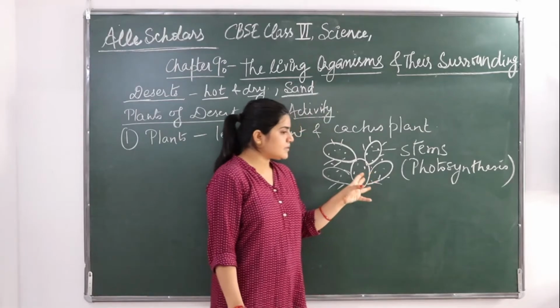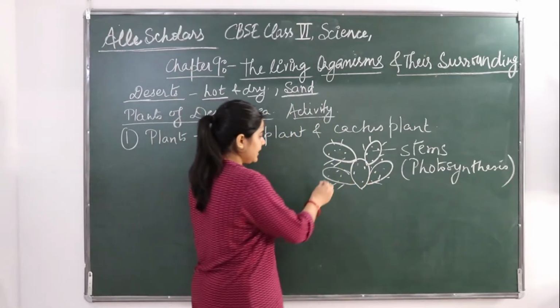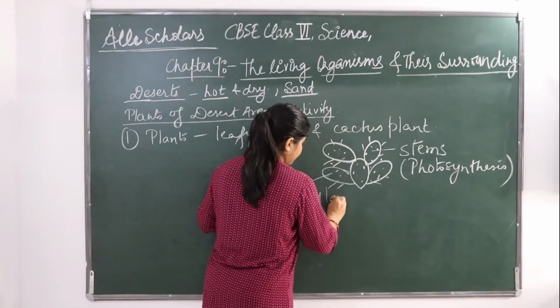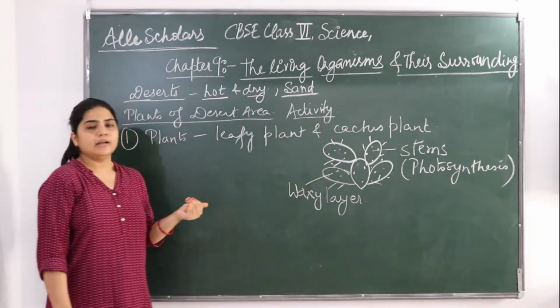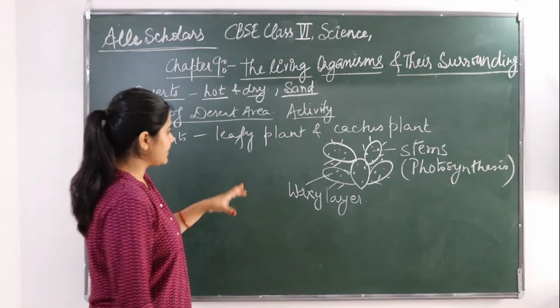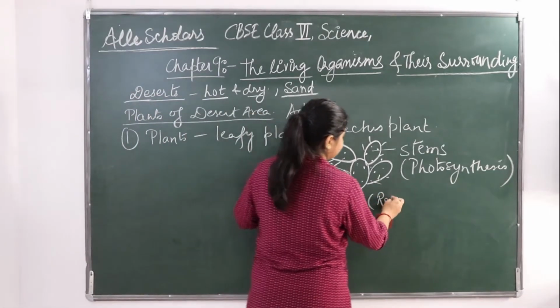Okay, so the stem is covered with a waxy layer. So there is a waxy layer on it, which helps to retain water in the tissue of the cactus. Okay, so this waxy layer on the stem helps to retain water.